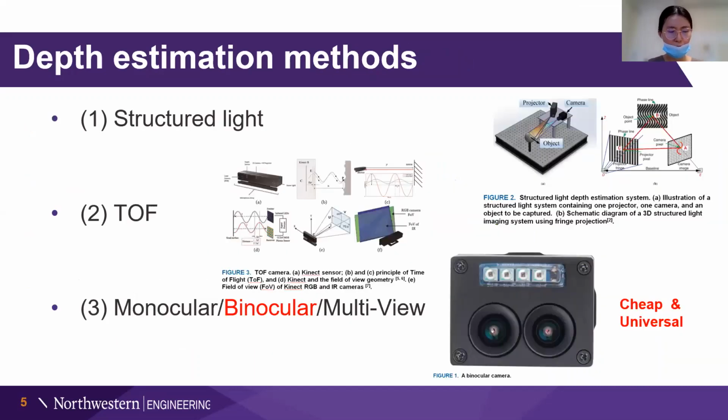Many methods can be used to solve this problem, such as structured light, time of flight, monocular, binocular, and multi-beam cameras. Among these, the binocular camera is the cheapest and most universal option, so we chose binocular as our topic.